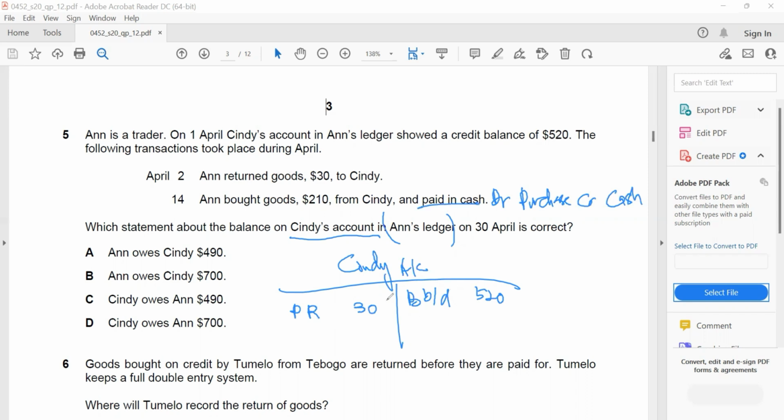Don't go through here. So what is the statement? The balance: take 520 minus 30. So the balance carried down will be 490. So this amount is N owing Cindy. N owes Cindy 490. So the answer should be A.